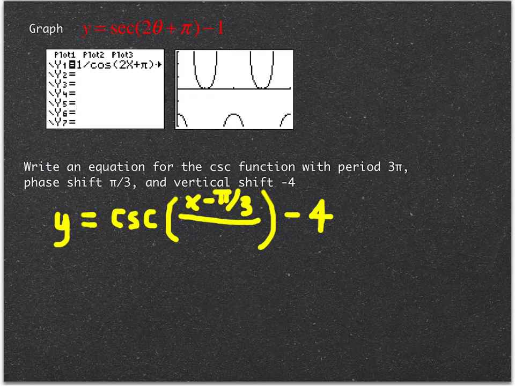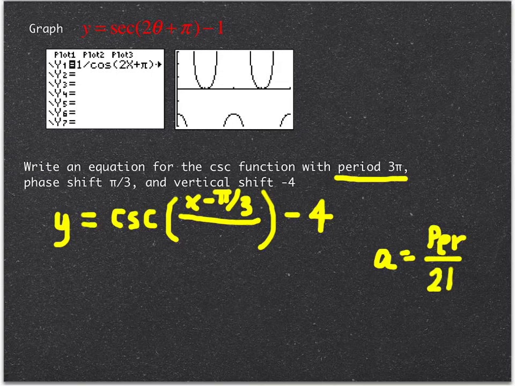Now the question is, what do I put in my equation if the period is 3 pi? Well, cosecant has a period of 2 pi as you saw in our chart earlier. So again, we still have that same little relation that a value equals the period divided by 2 pi.